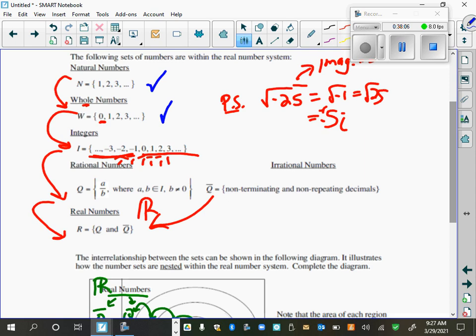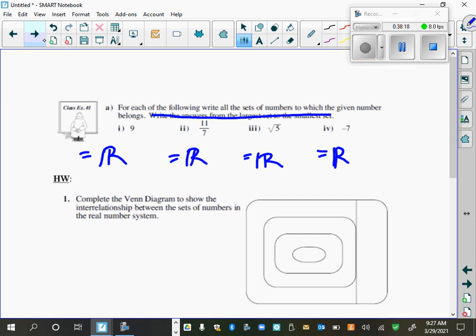Yep. Is 9 an integer? Yep. Can you write 9 as a fraction? Yep. And then don't forget your real numbers. So that's how you go through it. This is the most number systems they can have. There's your answer for 9.